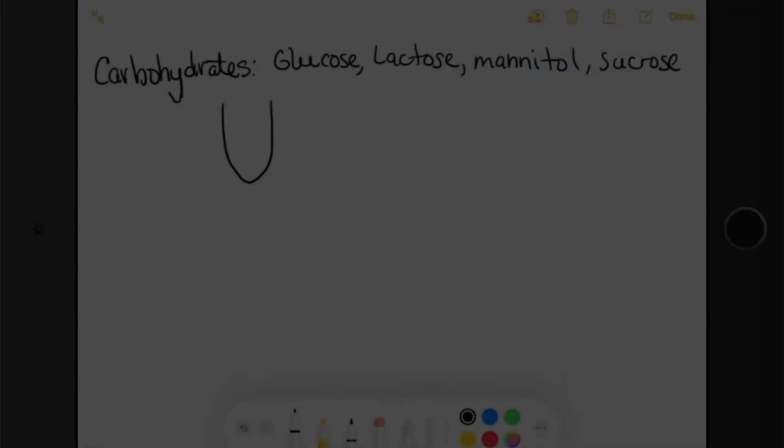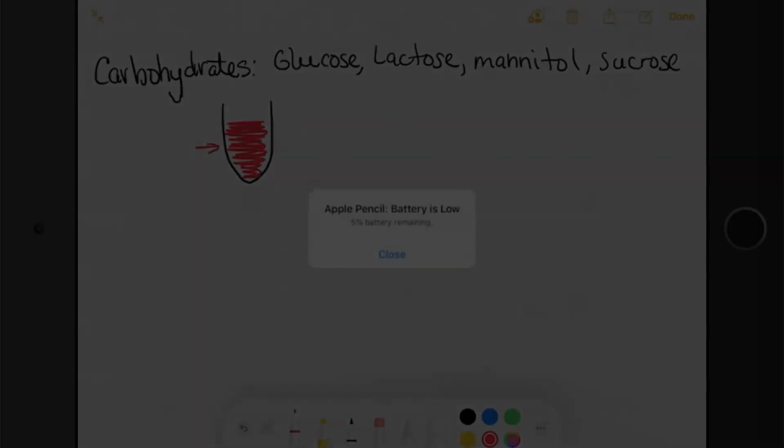The carbohydrates that we use for this experiment include glucose, lactose, mannitol, and sucrose. Let's discuss a couple of things that you may have noticed about the broth. For one, our broth is red, right? The broth is red because we use the pH indicator called phenol red.